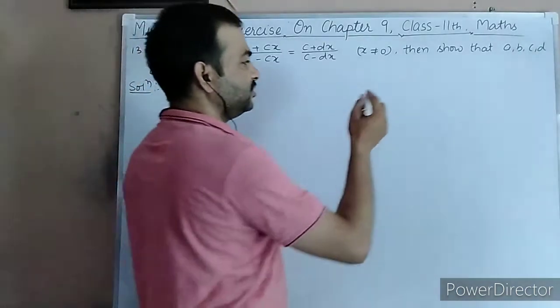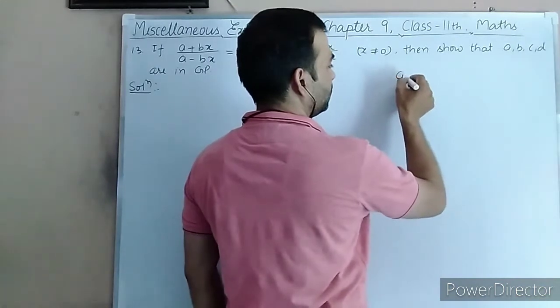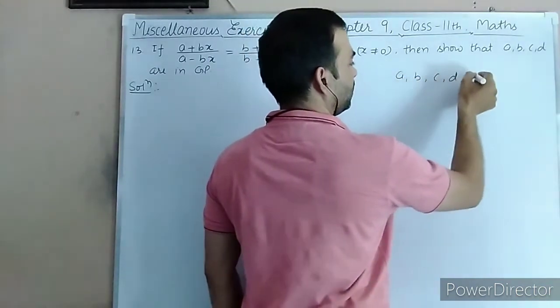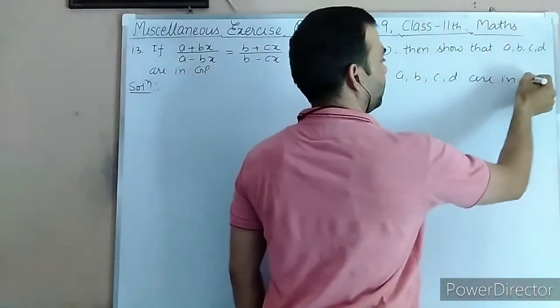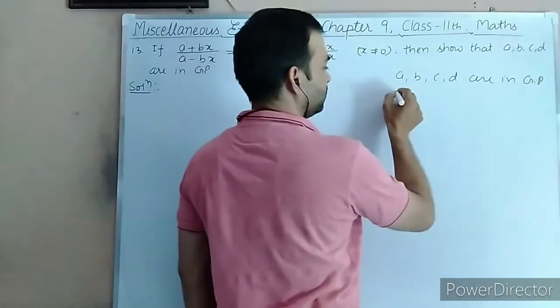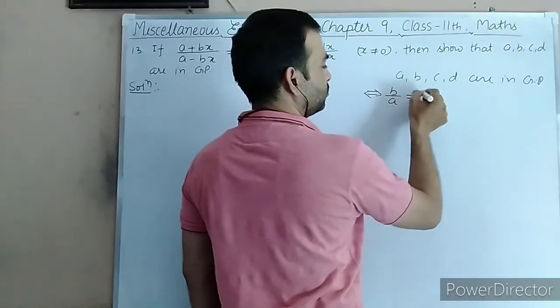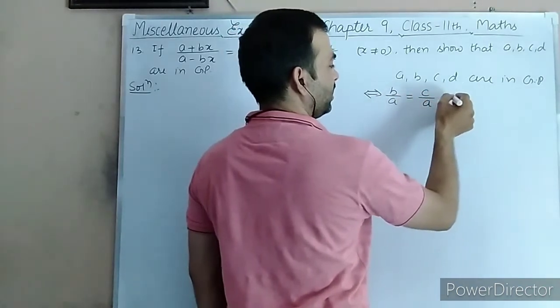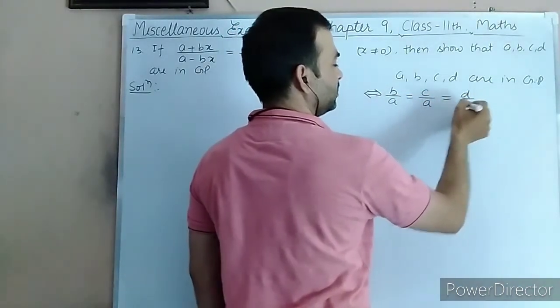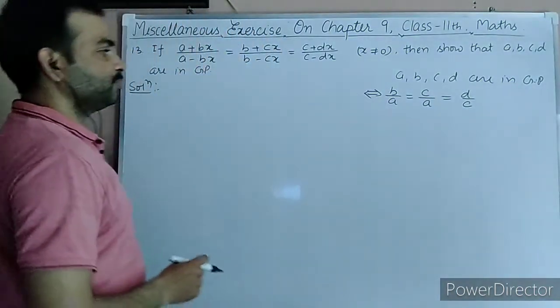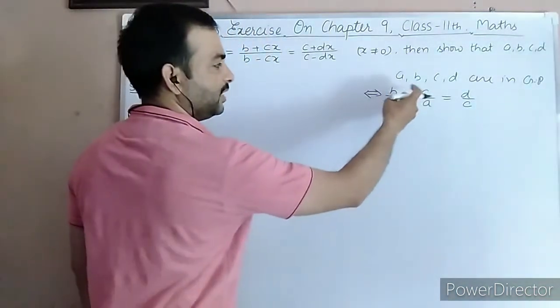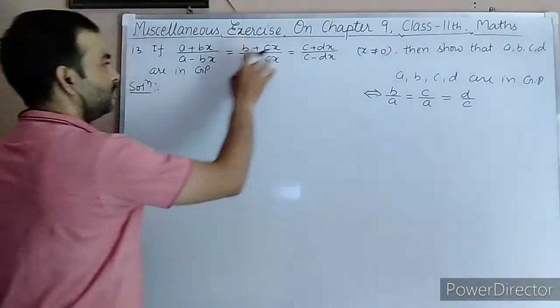A, B, C, D are in GP means b by a is equal to c by b is equal to d by c. Okay, the ratio of these terms will be the same.